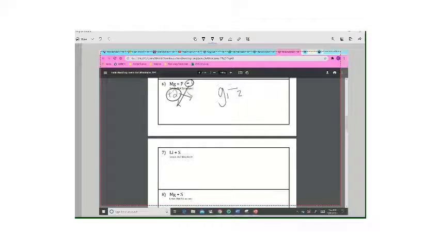So in your drawing, you should have magnesium with its 2 electrons, and you should have fluorine with its 7 electrons. And what I like to do is put an X where the open spot is, and you can see that that doesn't work because it's got 2 to give and only 1 to take.